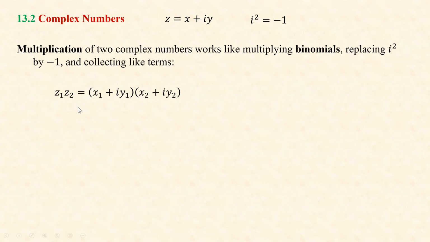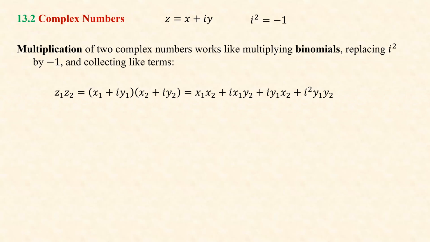Multiplication of two complex numbers is like multiplication of two binomials, but whenever you have i squared, you replace it by -1. In fact, you FOIL this: x1 times x2, plus x1 times i y2, which becomes i x1 y2, and then i y1 x2, and then i times i squared y1 y2, and i squared is -1.